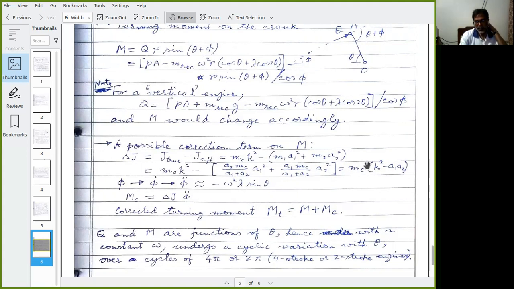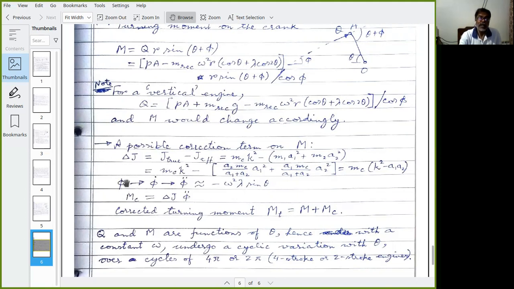So this is delta J, the error in the moment of inertia. And the error in the moment will be the error in the moment of inertia times the angular acceleration, phi double dot, because phi shows the angular position of the connecting rod.